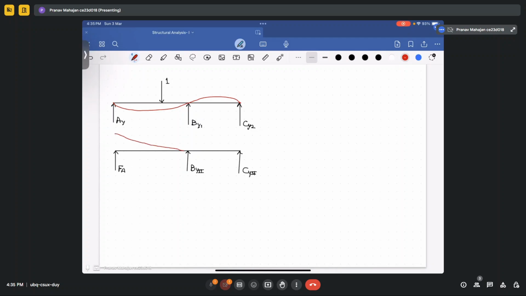It moves to 0 here, and then it will move like this. Now the corresponding displacement of point A will give you this delta H. So this is your delta H corresponding to the unit load, and this is your delta A corresponding to the reaction force. Okay, so now apply Betty's theorem.